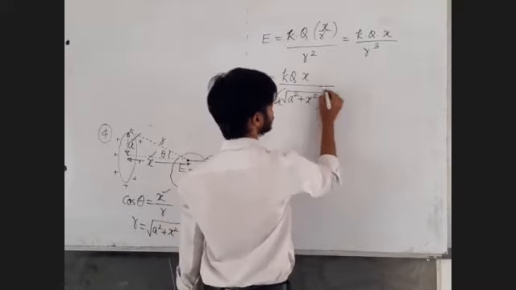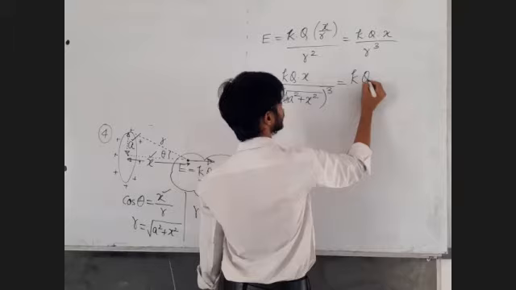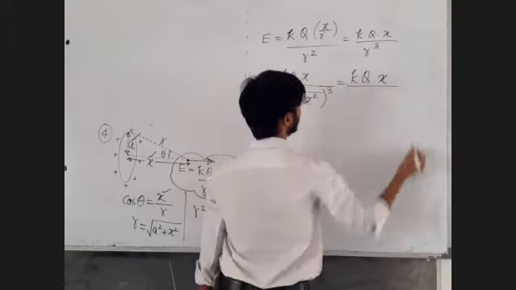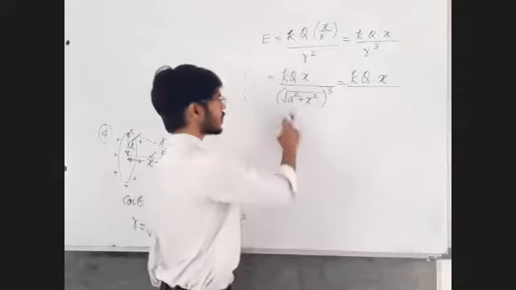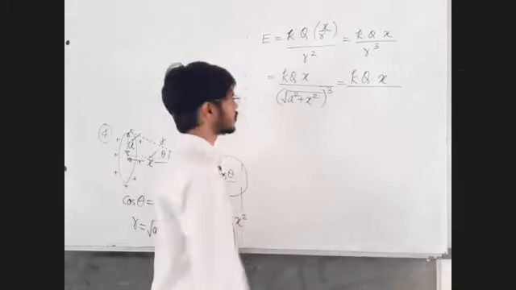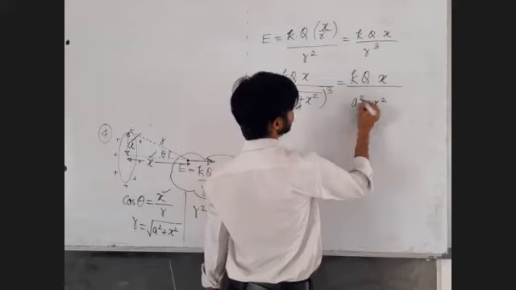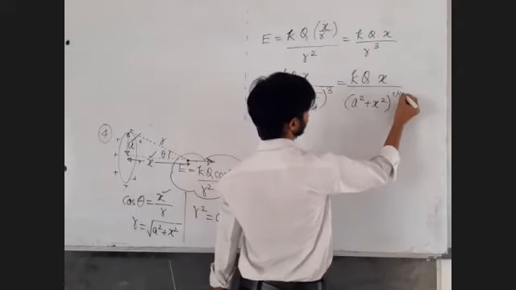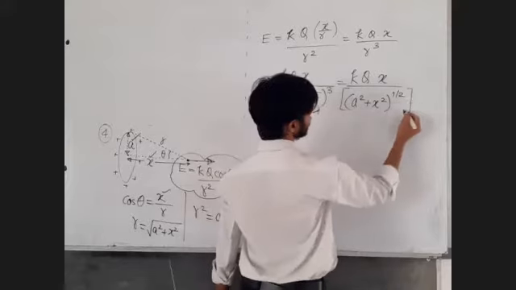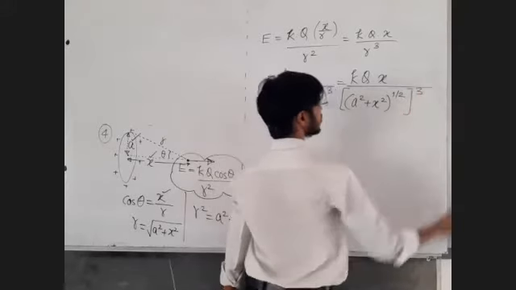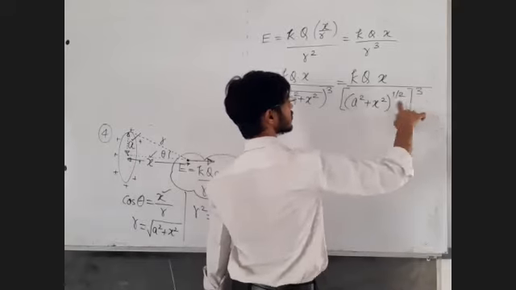Now you have written the value of r as under root a square plus x square. Sir, r cube. K q x upon, sir, square root means raised to 1 by 2. A square plus x square raised to 1 by 2. But sir, already there is cube. Index of index is multiplication of index.